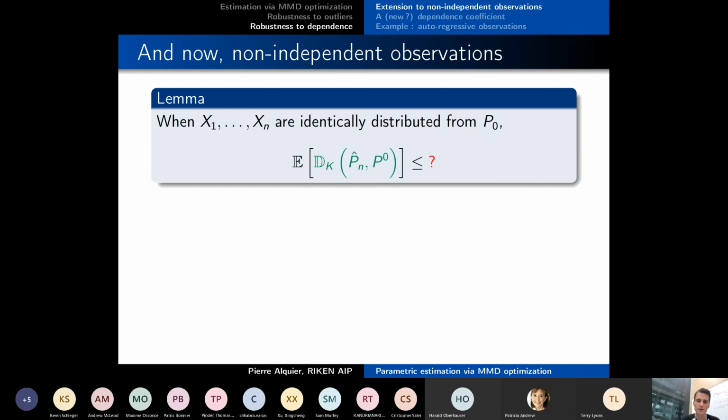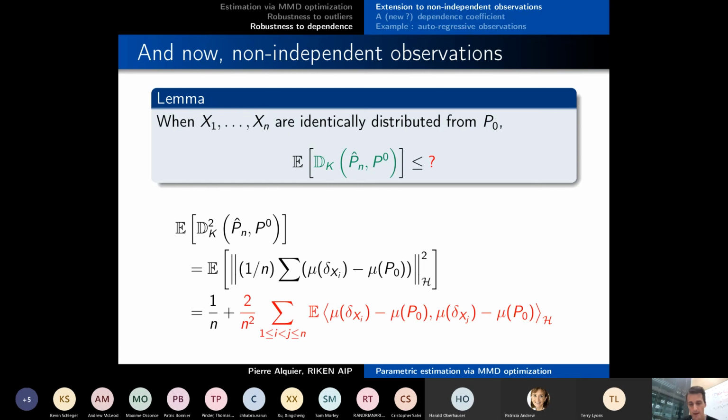But here, if you just come back to the proof of the convergence of the estimator, if you don't assume anymore that the Xi are independent, then instead of 1/n in the squared distance between the empirical distribution and the truth, you obtain 1/n plus a series of covariances in the Hilbert space H.